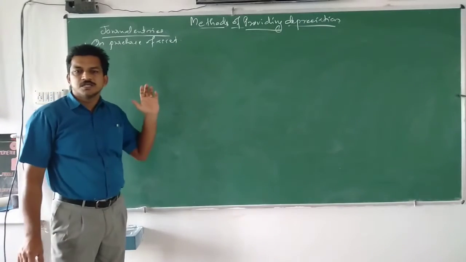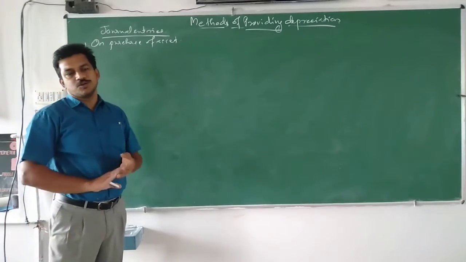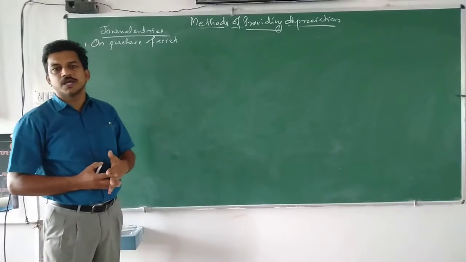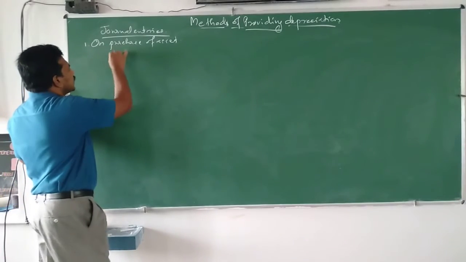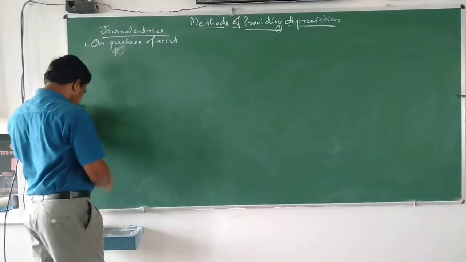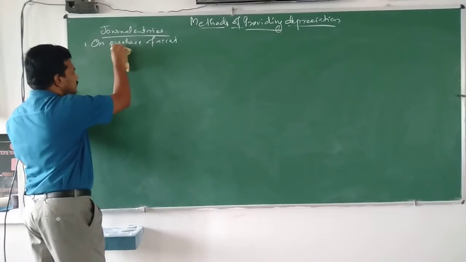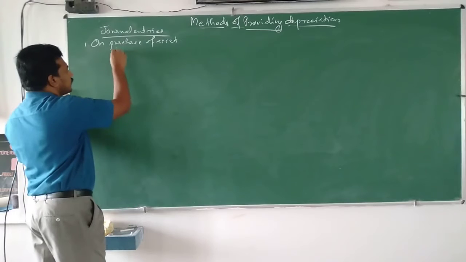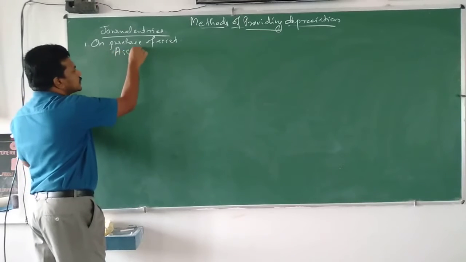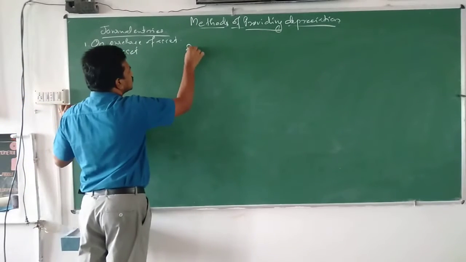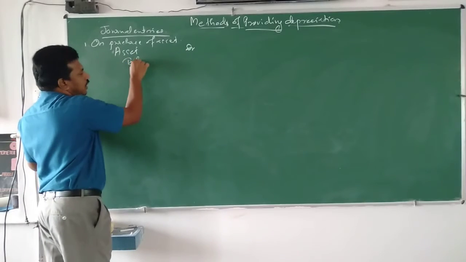Yes, we will write machine debtor to cash or bank, or asset debtor to cash or bank. We can write here whichever is the asset, that asset will be written. Now for the time being we can write asset account debtor to bank.